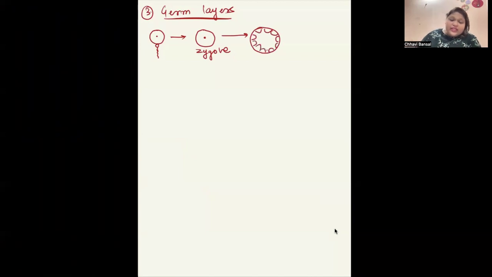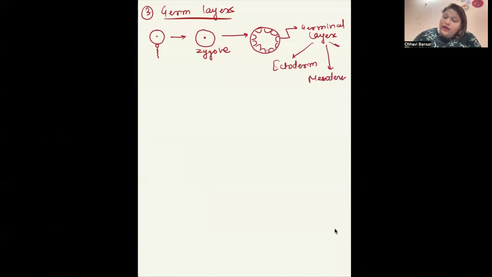This embryo forms different layers of cells inside, and these layers are called germinal layers. And they are of three types: ectoderm, mesoderm, and endoderm. So these are the three germinal layers.